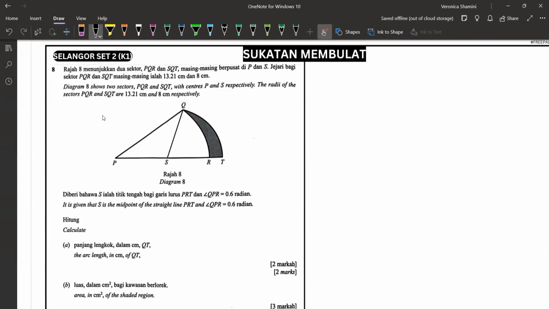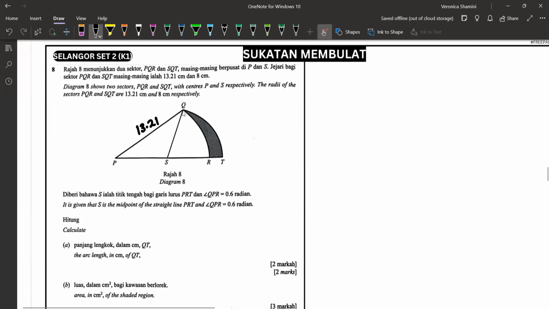Okay, next one. Okay, diberi here the rajah is showing 2 sector PQR, SQT, and masing-masing berpusat di P dan S. Okay, jejari for PQR and SQT. PQR, that means jejari dia 13.21.